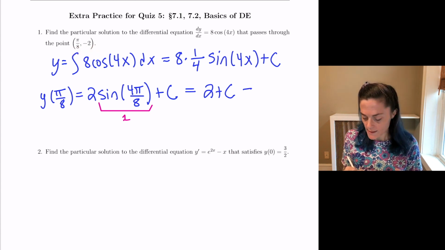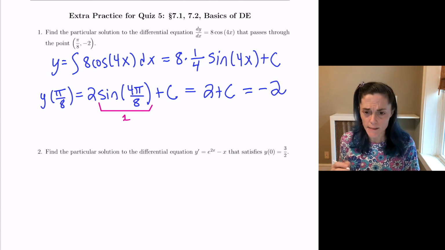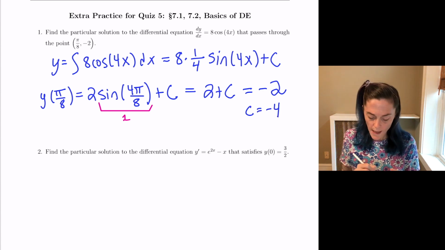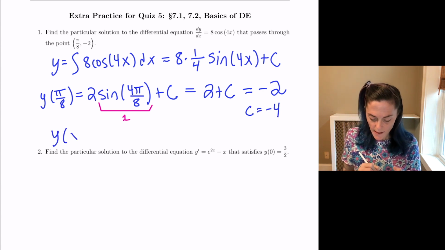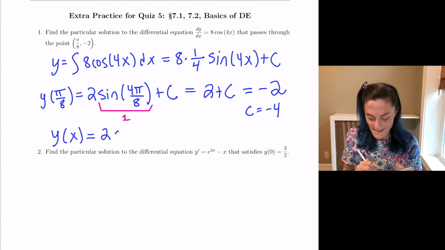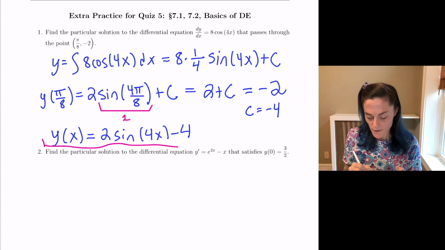So we can set this equal to negative 2. Now we can solve. My c is negative 4. Okay, here comes my final answer. y of x is 2 sine 4x minus 4. This is my particular solution.